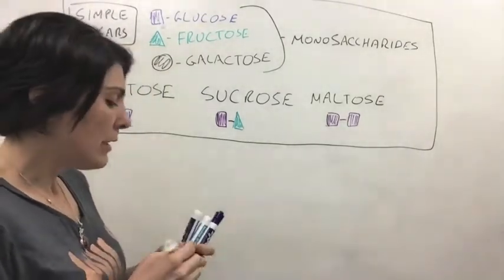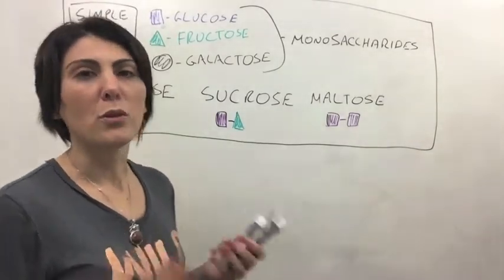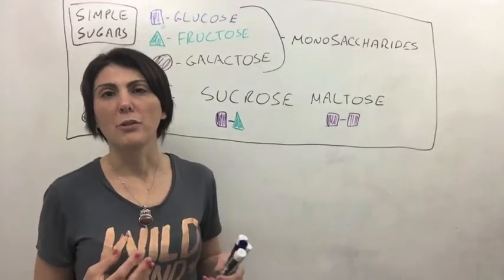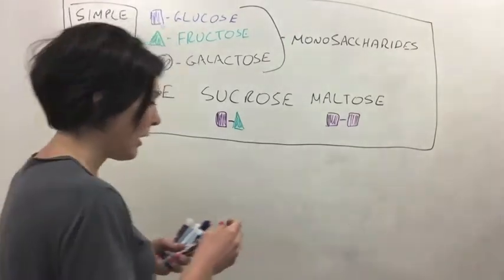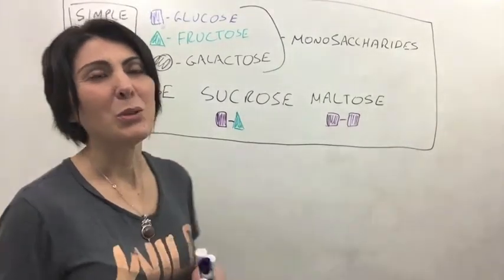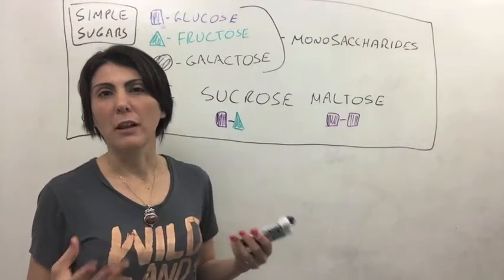Now, let's have a look at the more complex carbohydrates. In animals, we as humans store carbohydrates as glycogen. When you eat a steak or some chicken, you're eating their glycogen stores as well.